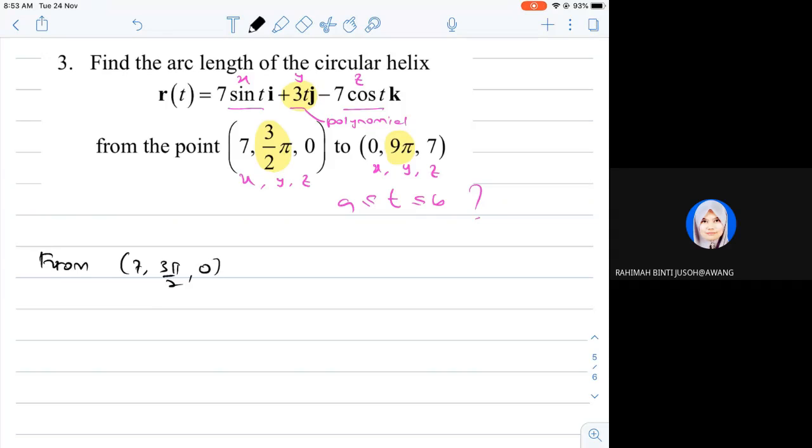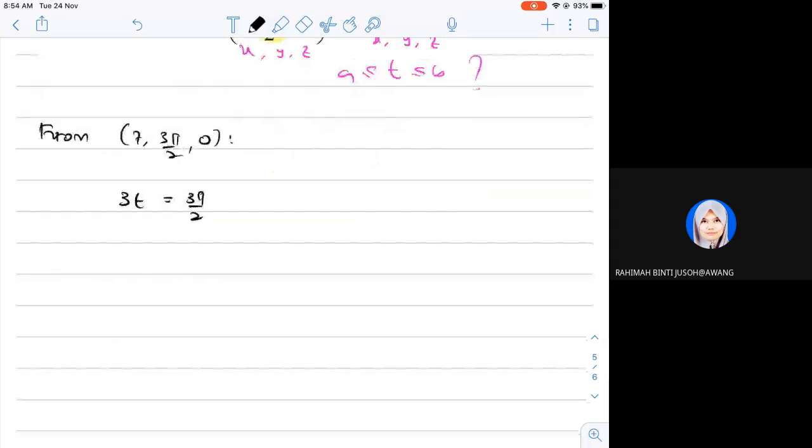We have 3t, the y component, with coordinate y. So 3t equals 3 pi over 2, so t equals 3 divided by 3, we have pi over 2. That's it. This is the starting point, the lower limit, limit bawah.